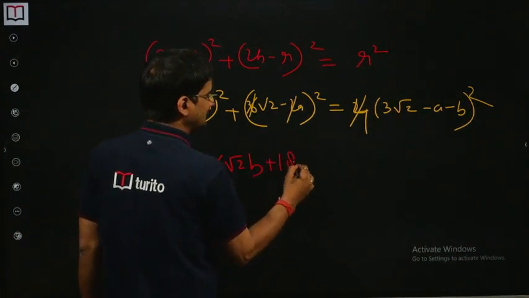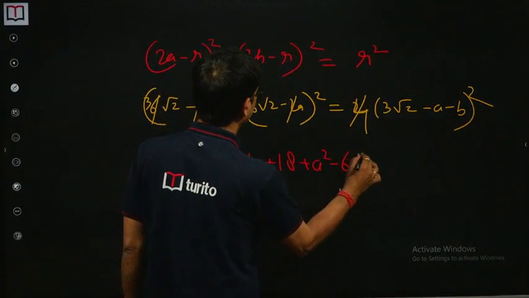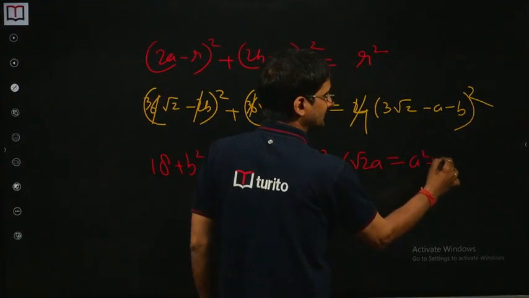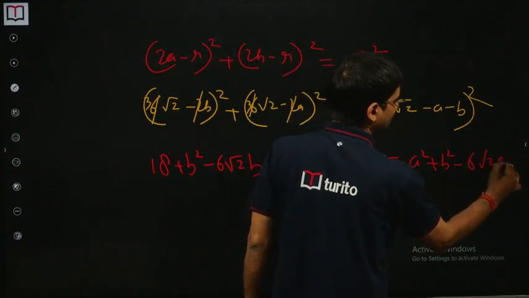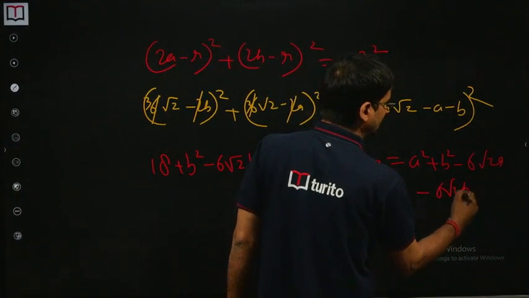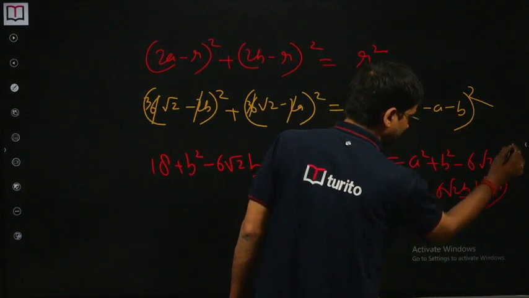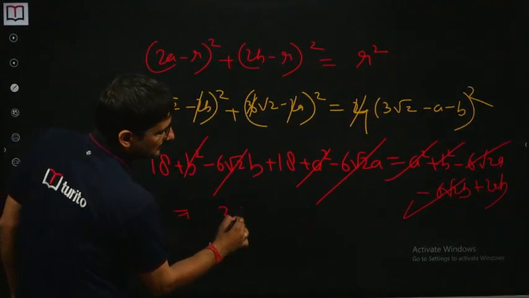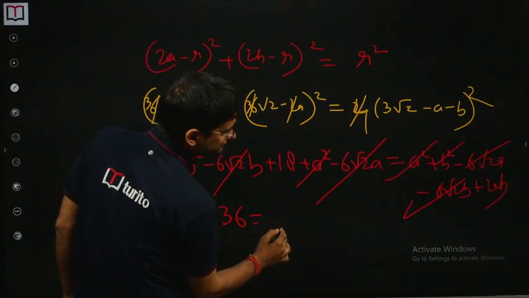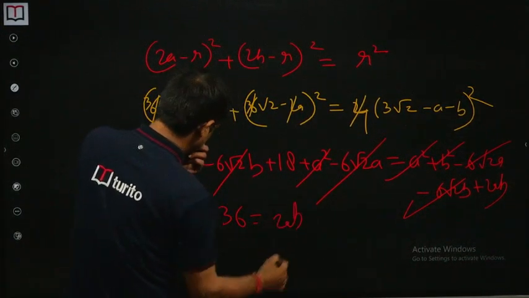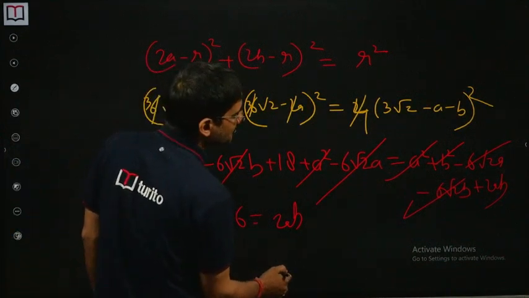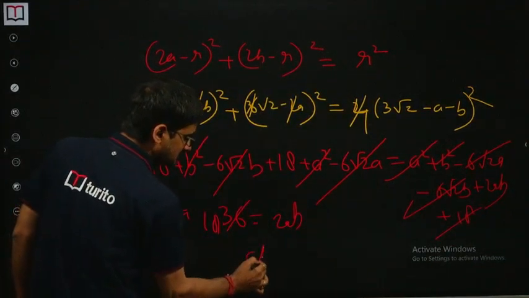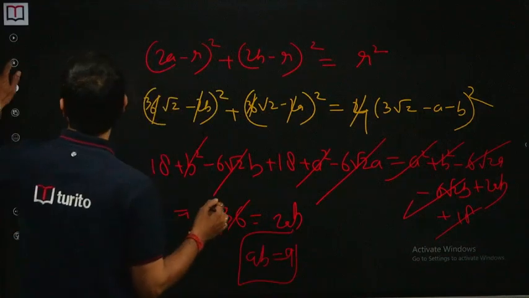Similarly, 18 plus a square minus 6 root 2 a is equal to a square plus b square minus 6 root 2 a, 6 root 2 b, plus 2ab. This is gone, this is gone, and so on. So it's 36 is equal to 2ab plus 18. So ab is 9. That should be the answer here.